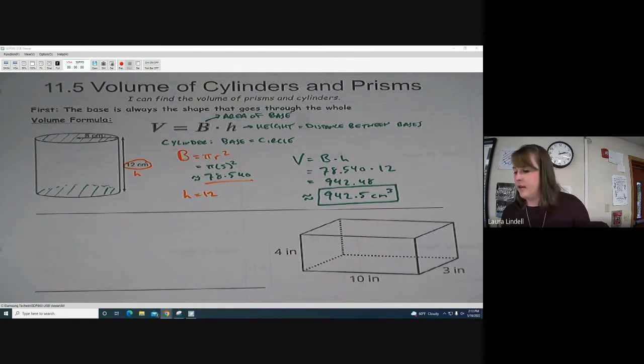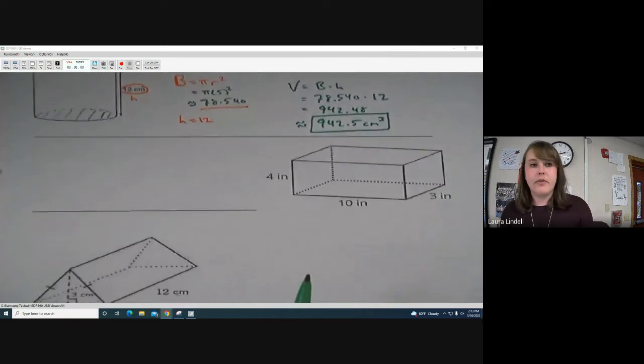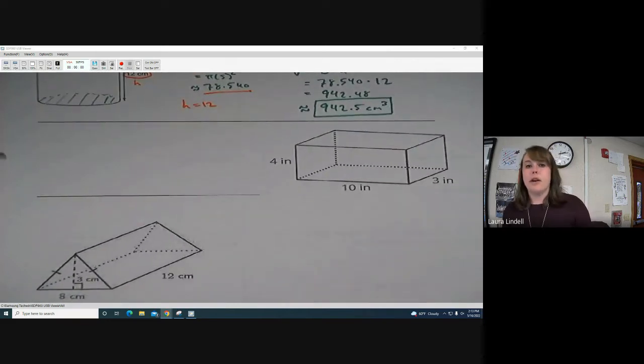Let's go ahead and jump down now to volume of a prism. We're going to tackle two different kinds of prisms today: a rectangular prism and a triangular prism. So starting with the rectangular prism.